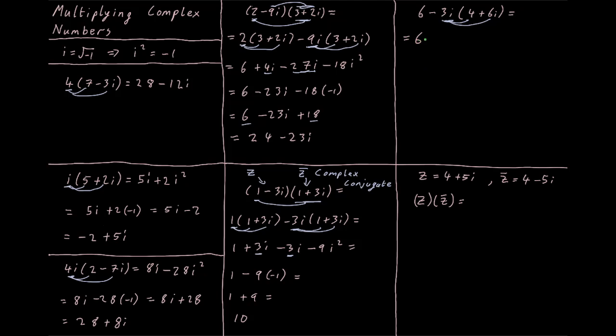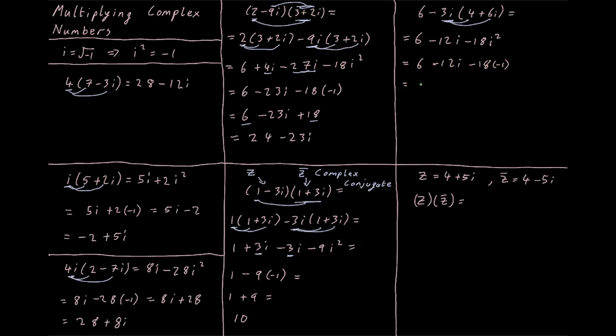This 6 is just going to come along until we've tidied things up. So we have minus 3i times 4 would be minus 12i. Minus 3i times 6i would be minus 18i squared. And I know i squared is minus 1. So 6 minus 12i minus 18 times minus 1.